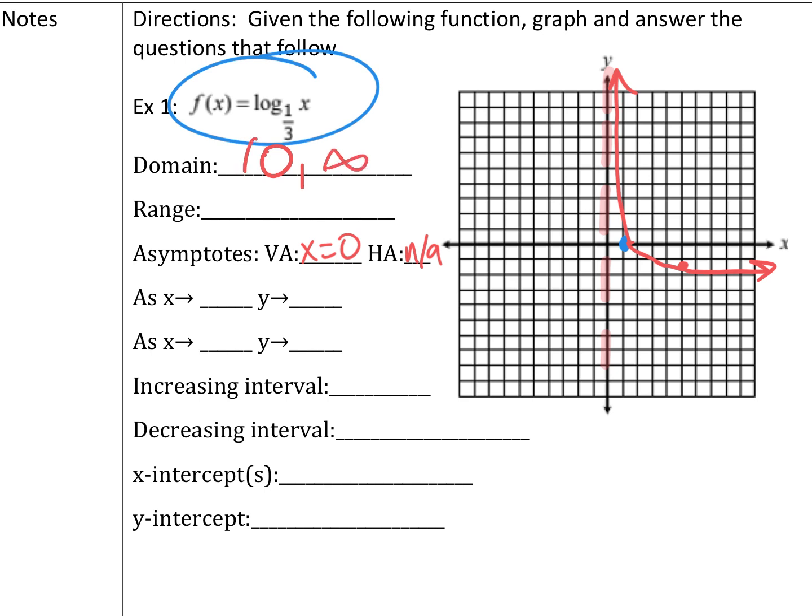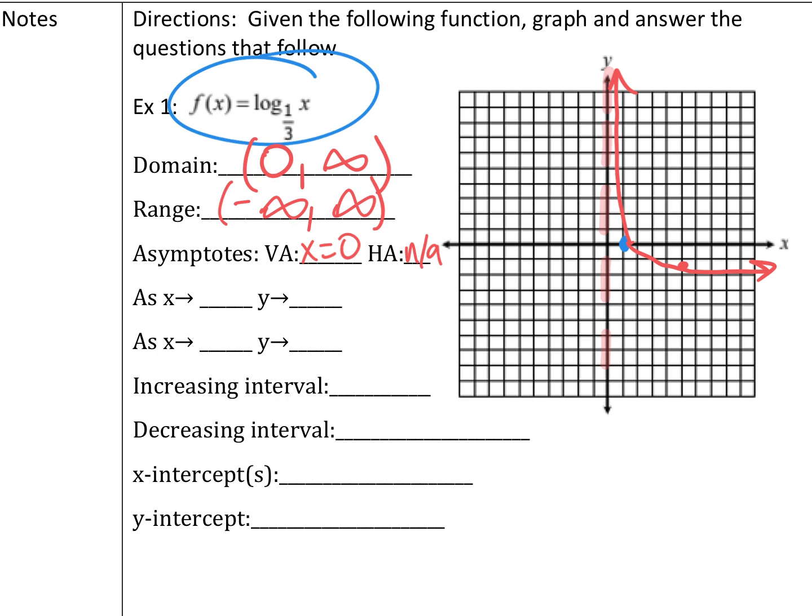Okay, so this looks a lot like my range did on exponentials, right? Yeah? What do you think the range is going to be here? Bottom to top. Is this going down forever? Yeah, it is. Is it going up forever? Yes, it is. Okay, and that looks a lot like my domain from exponentials, right?